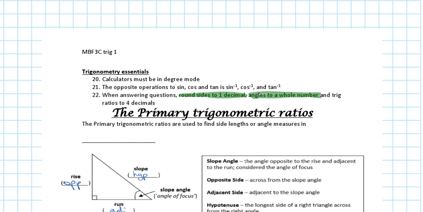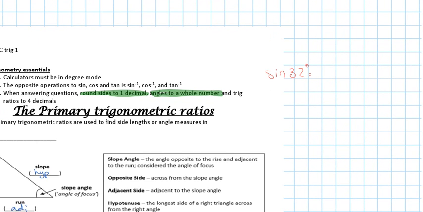Now, if the question asks you to find sine of 32, so press sine 32. You're going to get lots of decimals. This answer is going to be to 4 decimal places, so 0.5299, and what's after that 9? 1.